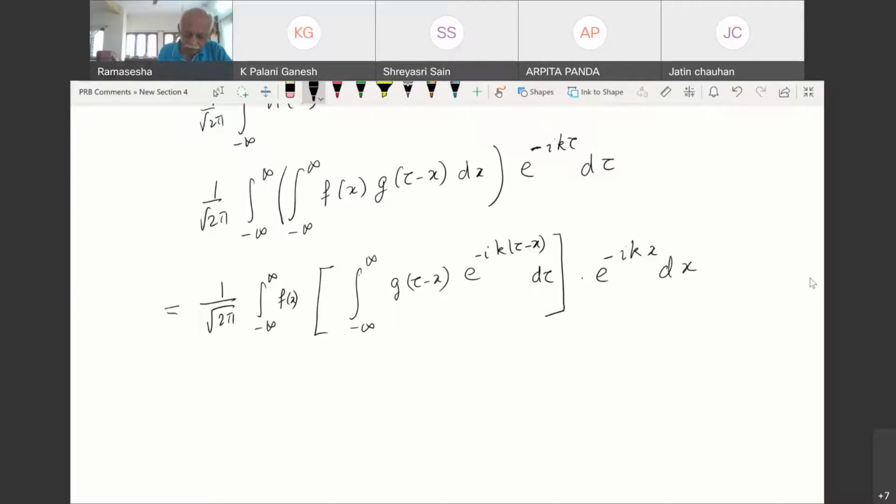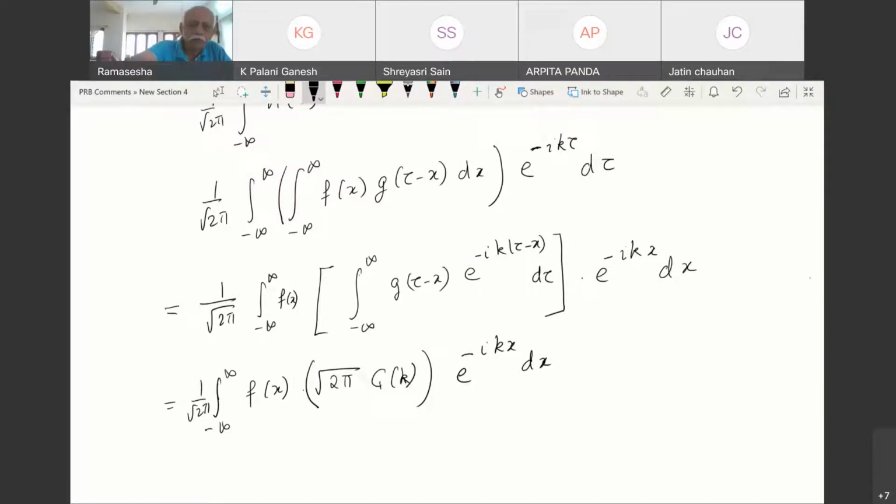Is equal to the integral from minus infinity of 1 upon root 2 pi, f of x, into the integral from minus infinity of g of tau minus x, e to the minus ik tau, times square root of 2 pi, times e to the minus ikx dx.